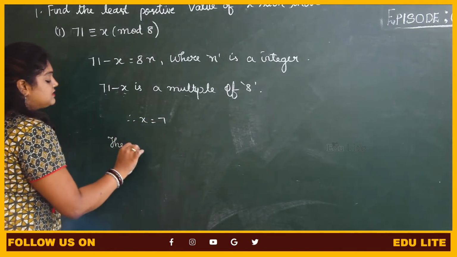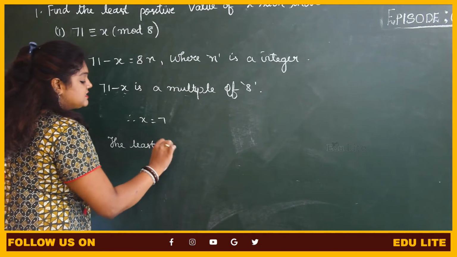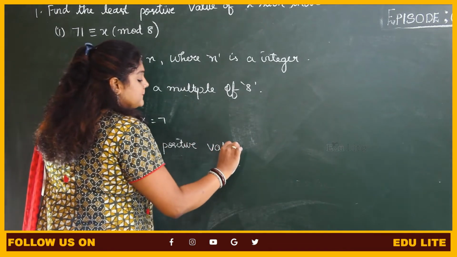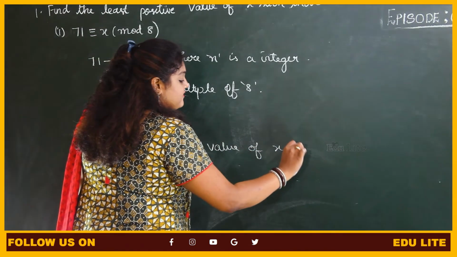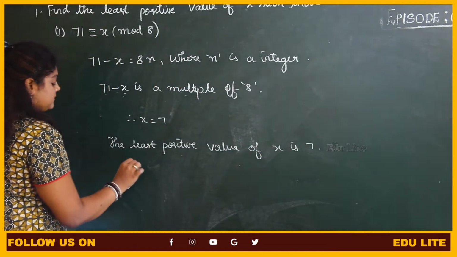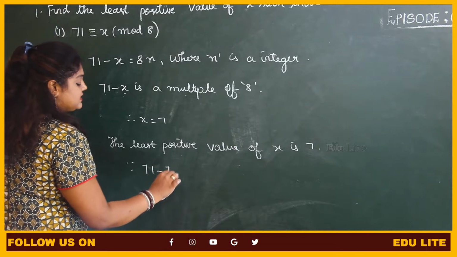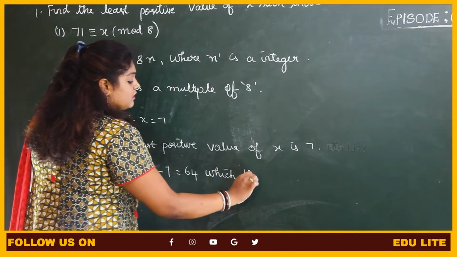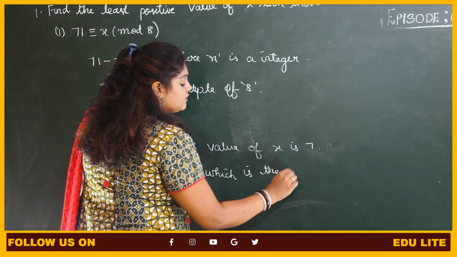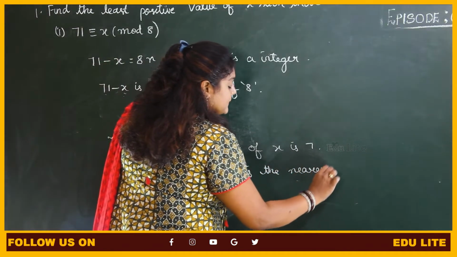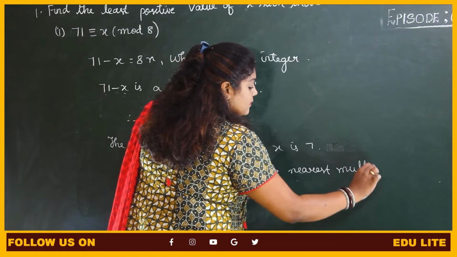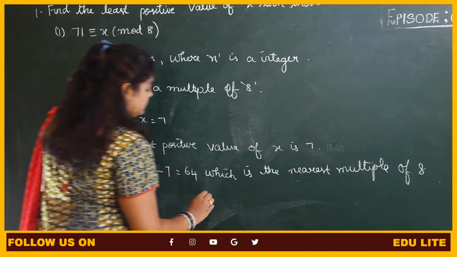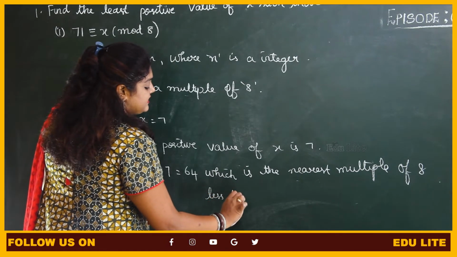The least positive value of x is 7, since 71 minus 7 is equal to 64, which is the nearest multiple of 8 less than 71.